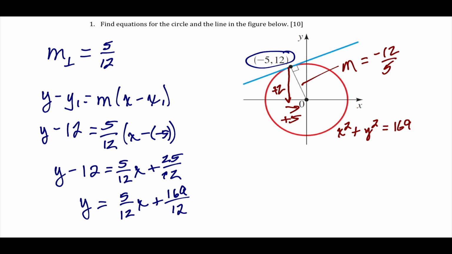So if a person insisted on putting it in slope intercept form, this would be it. Although this is just fine. This is the equation of a line. This line and this line are equivalent lines. So either one, since we're not told in the directions which way to do it.